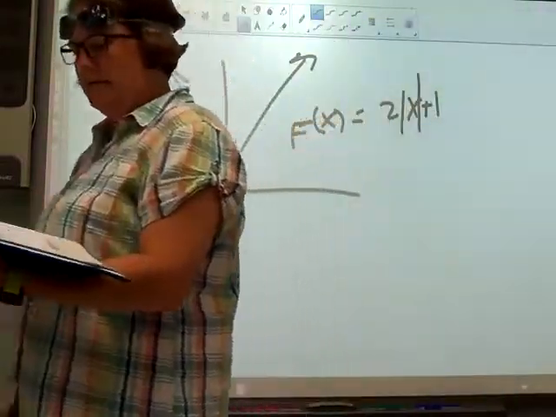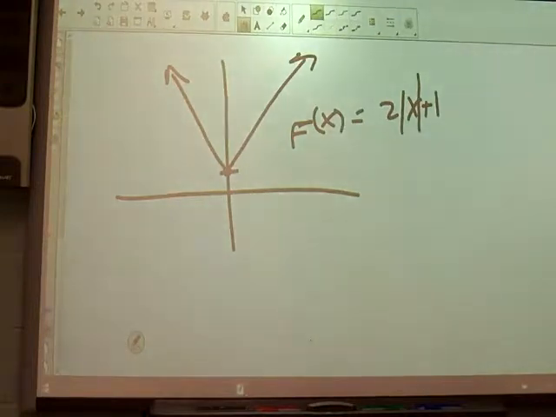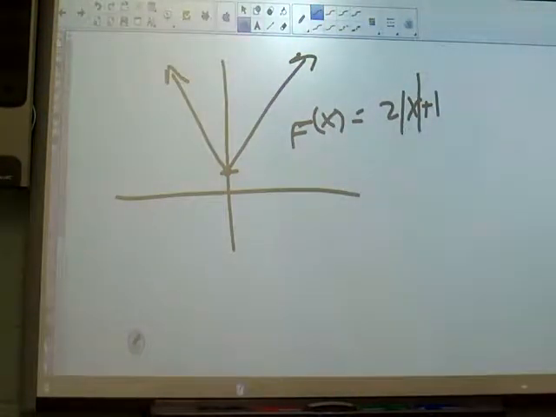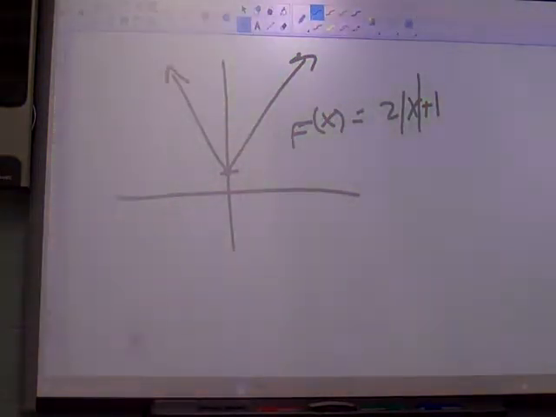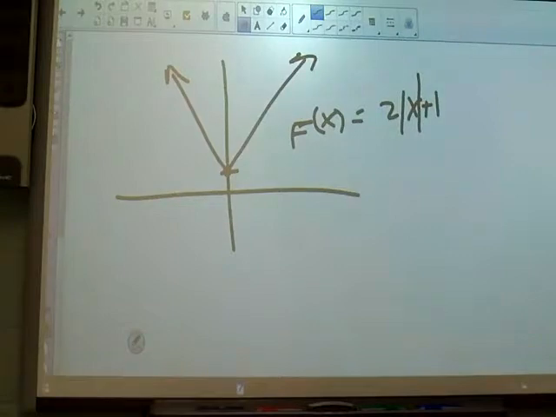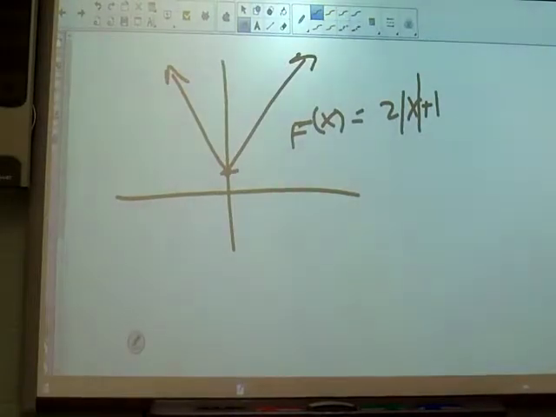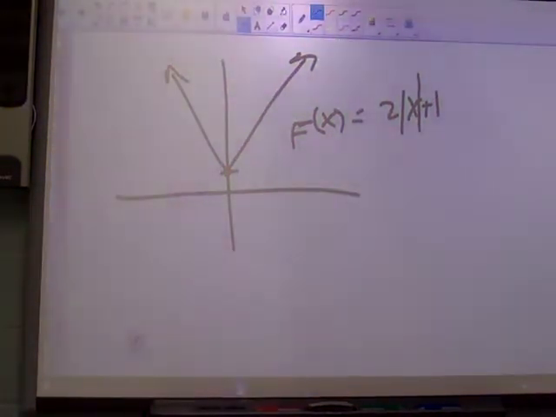All right, so that says f of x equals 2 times the absolute value of x plus 1. Here's how easy my question is about this. Identify the family to which that belongs. You wrote down the name of 4 families: constant, linear, absolute value, or quadratic. So identify the family that belongs to.